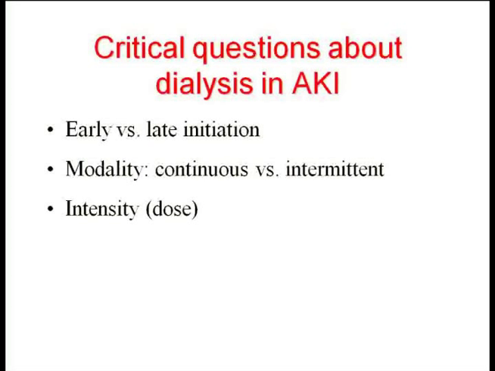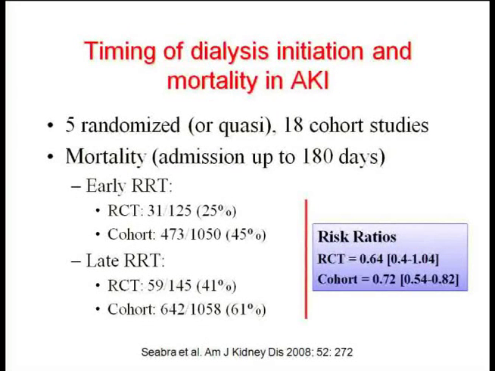The other two key questions I want to discuss with you are choice of modality and finally the intensity of dialysis. So in terms of early initiation, there have been many studies over the last almost 40 years now, and this is a meta-analysis published 2 years ago looking at mostly cohort studies and a few randomized or quasi-experimental studies.